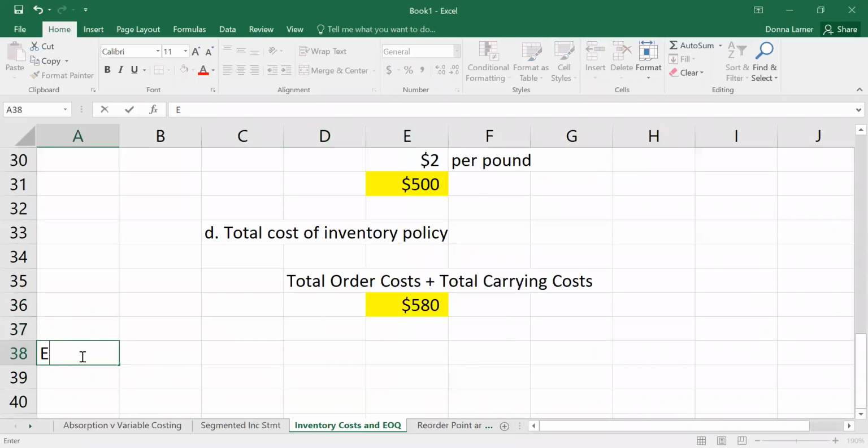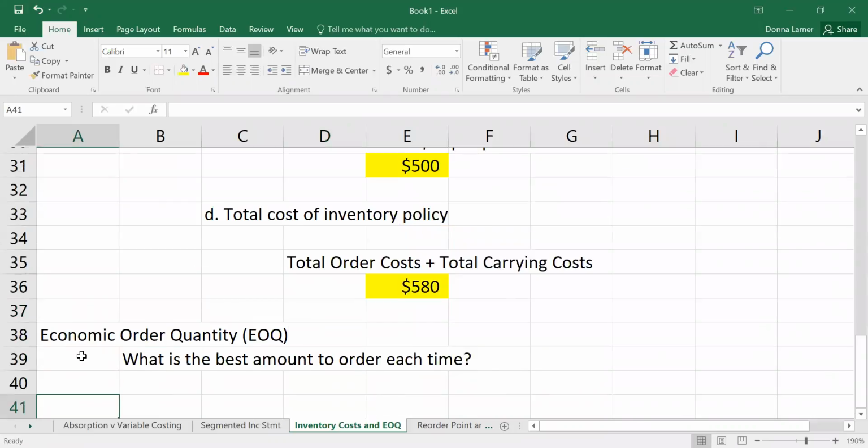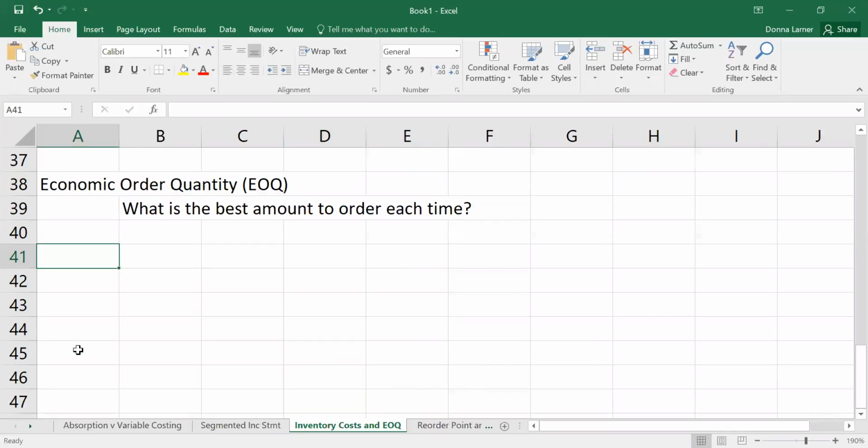Now we want to get into a topic called economic order quantity, EOQ. What it's trying to decide is, what is the optimal number of items to order?